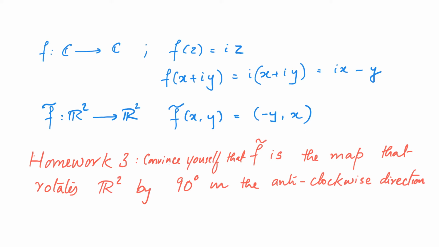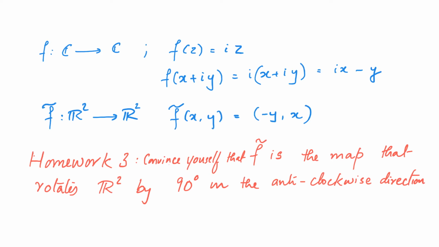Whatever is in the positive x-axis goes to the positive y-axis, but whatever is in the positive y-axis actually goes to the negative x-axis, and whatever is in the negative x-axis goes to the negative y-axis. But whatever is in the negative y-axis actually goes to the positive x-axis, and so on. Similarly, you can also see that if you take the line y equal to x, that gets mapped to the line y is equal to minus x.